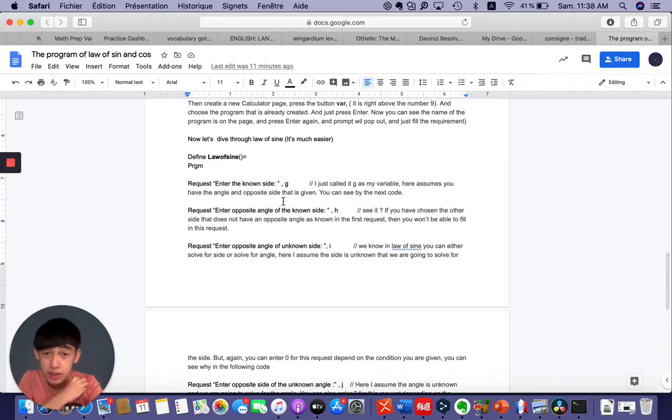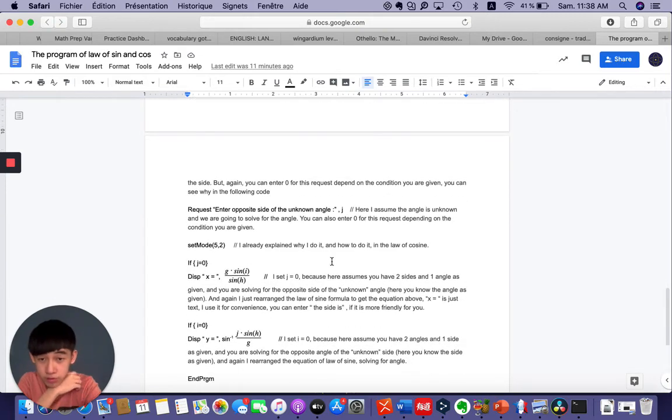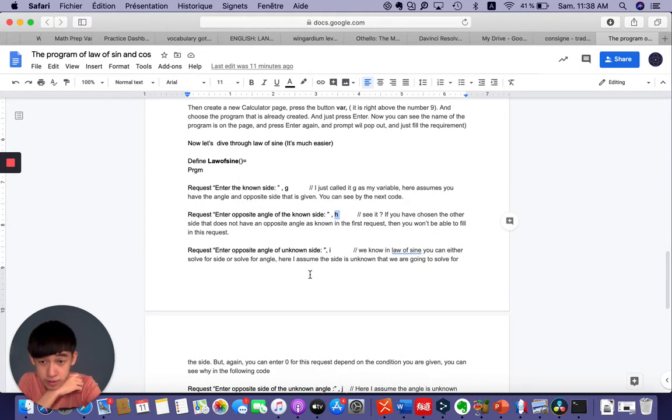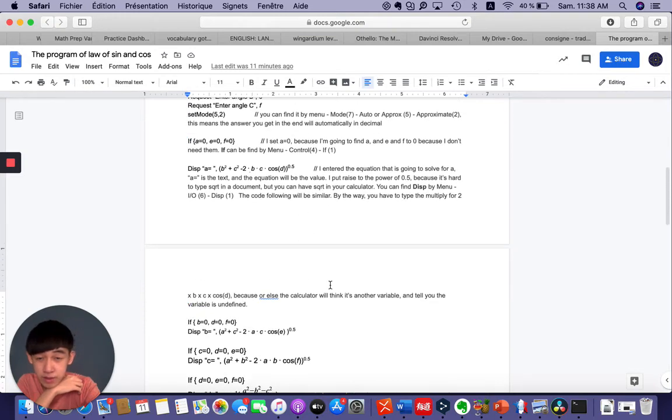So here I put a known side, and I put g for the variable just to distinguish, because I want to have the law of sine and cosine both on my calculator, so I just put it for distinguishing. But you don't need to do that. You can just put ABC just the same as above, and it doesn't matter.